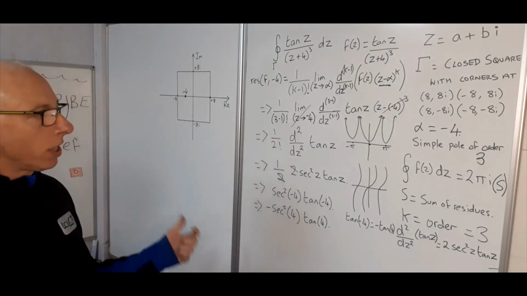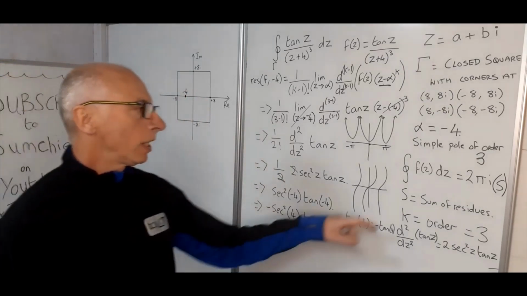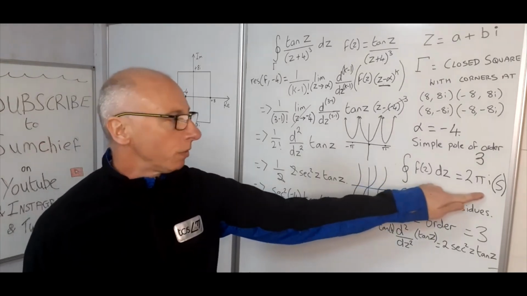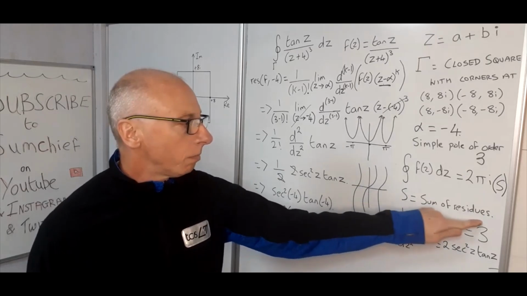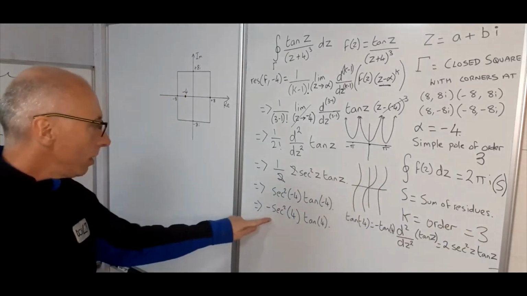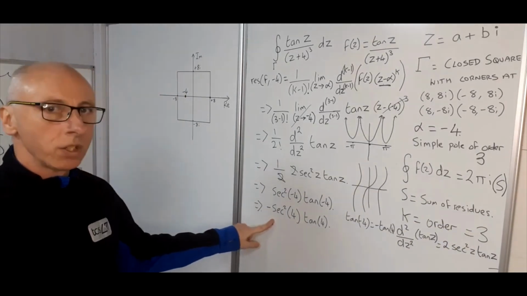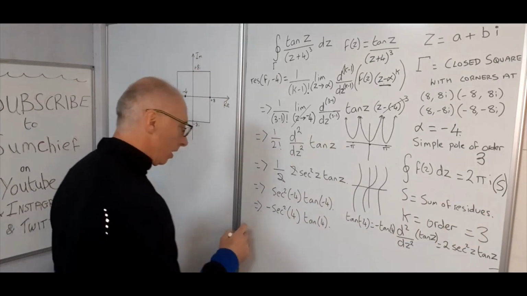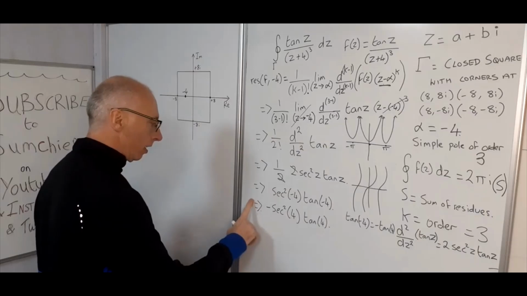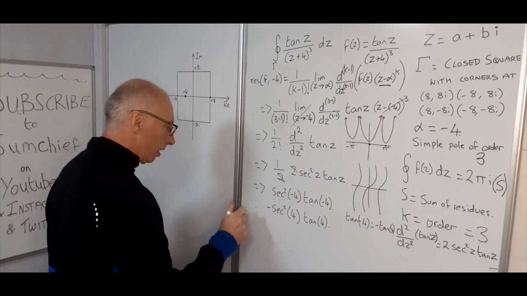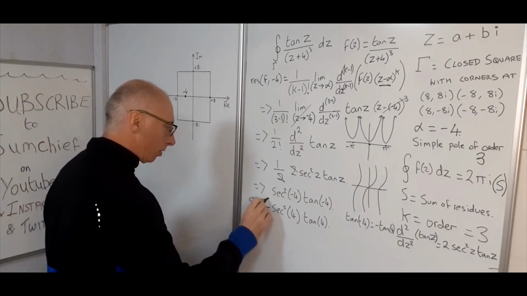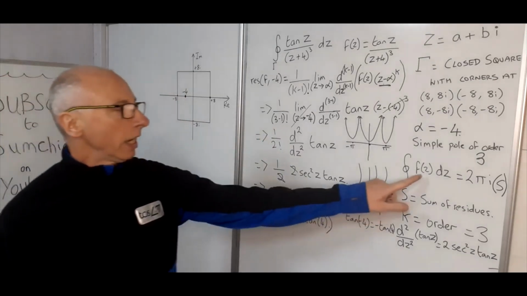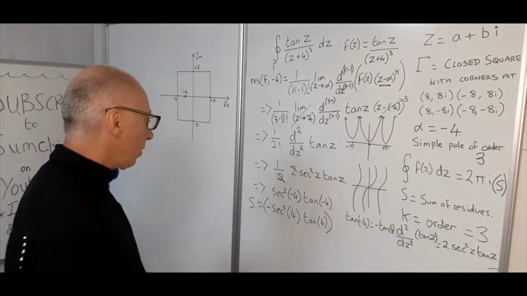Okay, so we're still not quite finished. What we need to do now is to give our Cauchy's residue theorem with the sum of the residues. So this still here is just our residue. So now what we're going to do is, this now is our S, so I can take this off here and say S equals minus secant squared 4 tangent 4, and then our integral now, we're ready to calculate it.